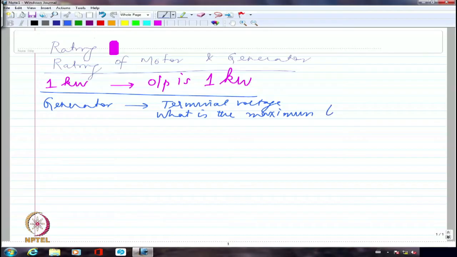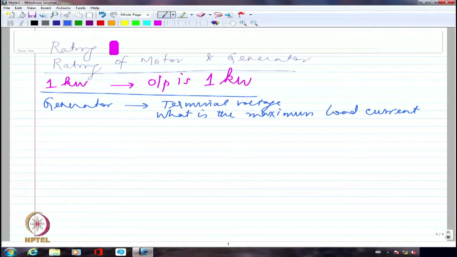Because I am going to assume that even if the armature current is slightly higher than the load current because of some amount of field current in a shunt machine, for example, the field current is really small, so we can neglect it when we talk about the rating. That is the way we look at it. So I'm going to say that this is the load current my machine can supply.